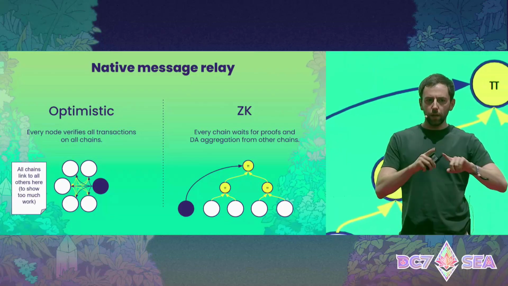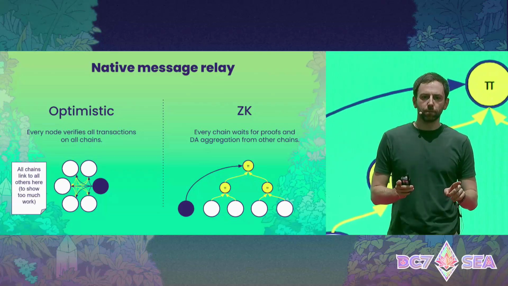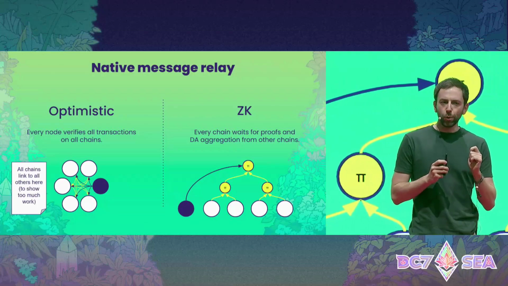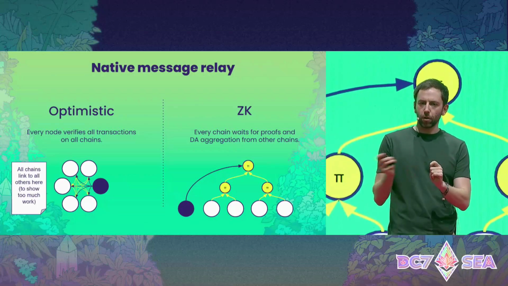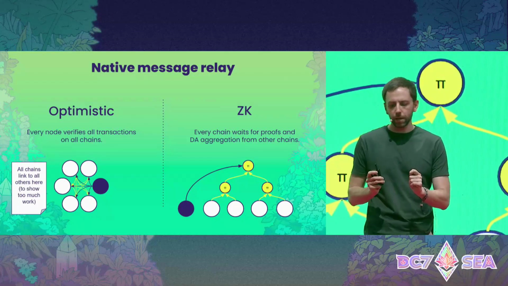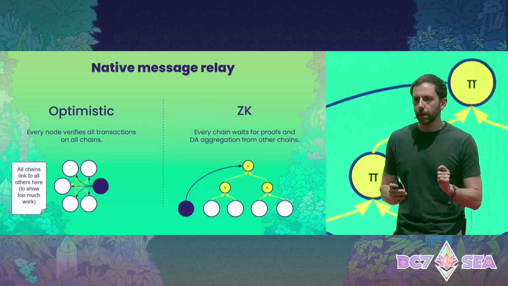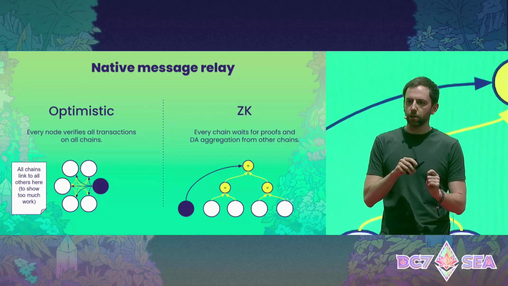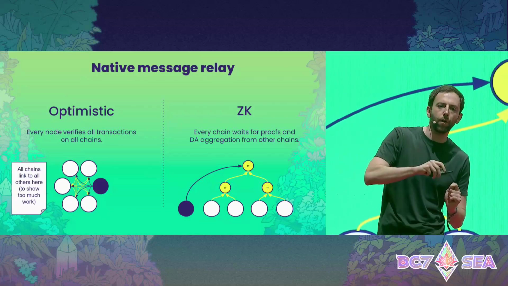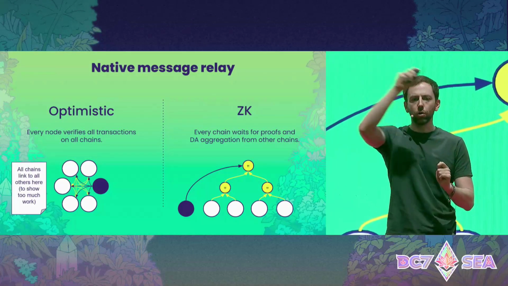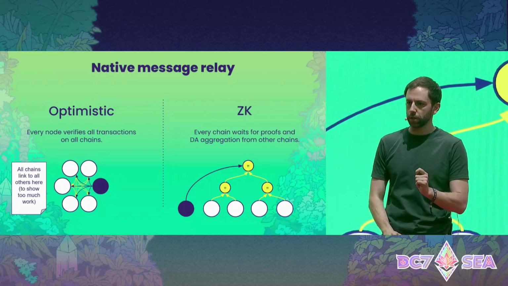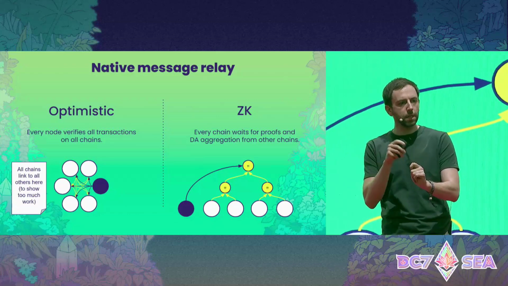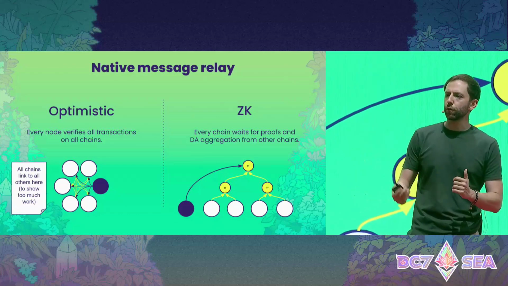In this case, if your cluster is optimistic, all chains are optimistic rollups, then you can build a native interop message passing mechanism, but that will mean that every node of every rollup in this cluster will have to verify all transactions on all other chains of the cluster. Not only the validators, not only the sequencers, every single full node.